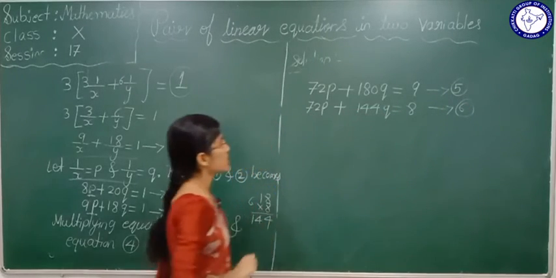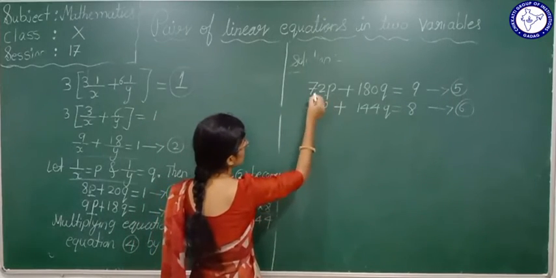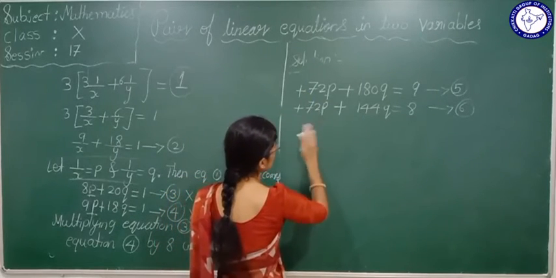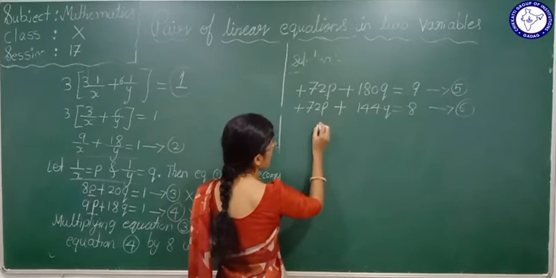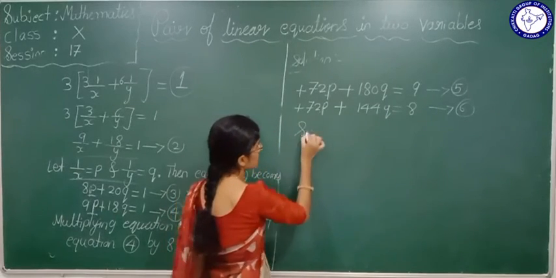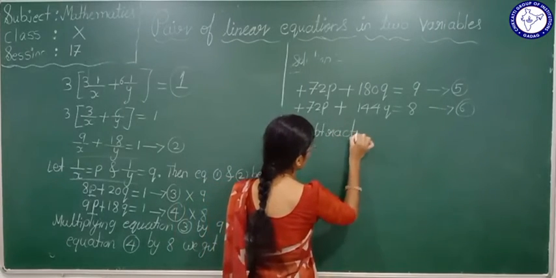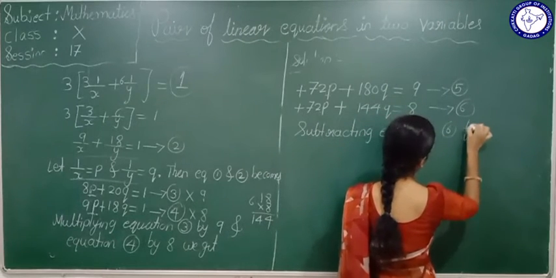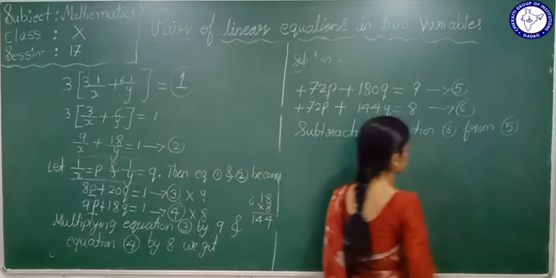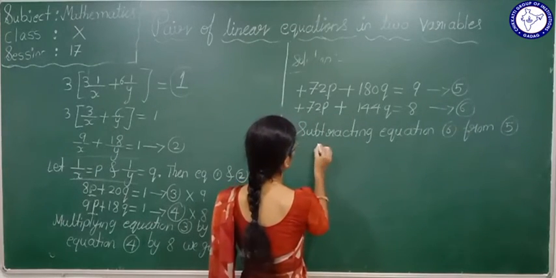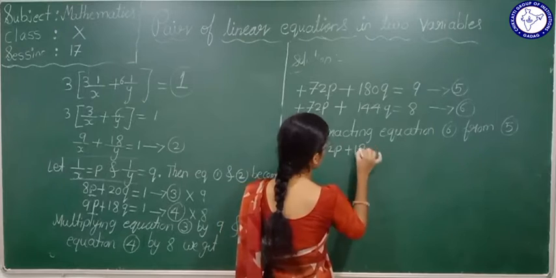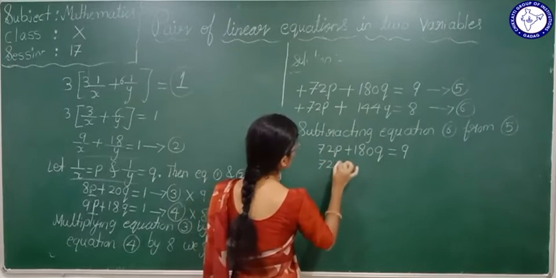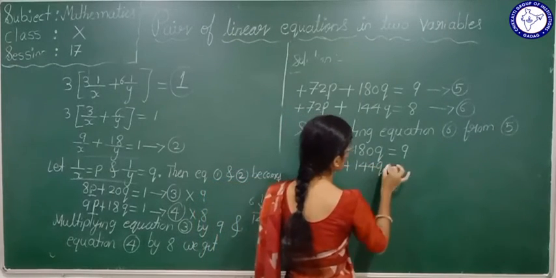Now see equations 5 and 6. Here the p coefficients are the same and the signs are the same. So what will we do? Subtracting equation 6 from 5, we get 72p plus 180q is equal to 9, and 72p plus 144q is equal to 8.